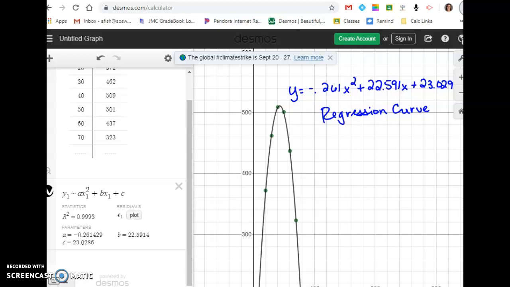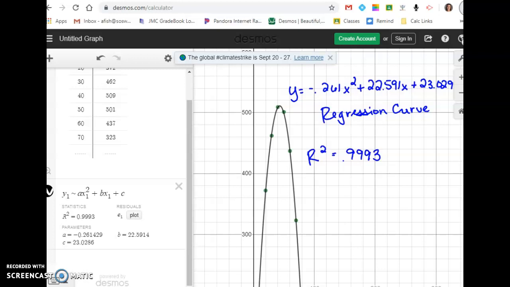Okay, so the other thing to note here is our correlation. How strong or weak is our curve? Looking at this, you can see that it's pretty strong because the curve goes through quite a few of those data points. With quadratics, we have r squared. So in order to get the r value, you're going to obviously have to take the square root of this.